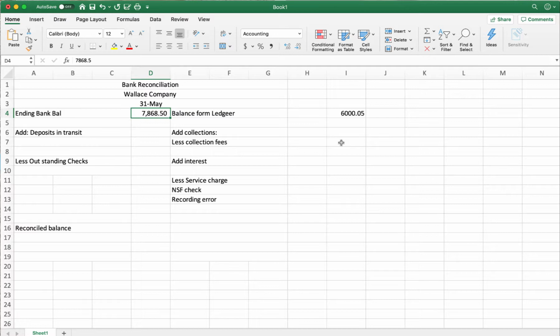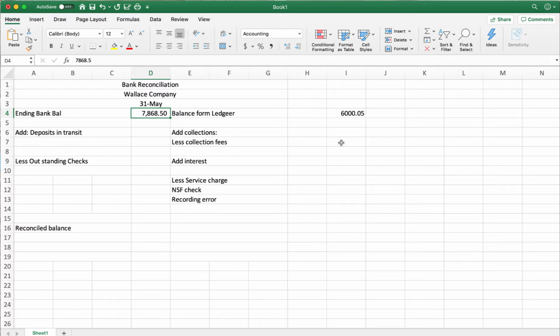On the bank side, we always have to subtract outstanding checks from the bank balance, okay? What that means is we have written checks to suppliers, to our purveyors, whoever. We just wrote checks out for things that we need.